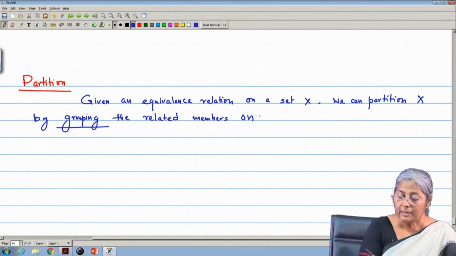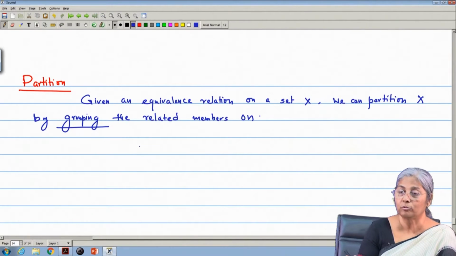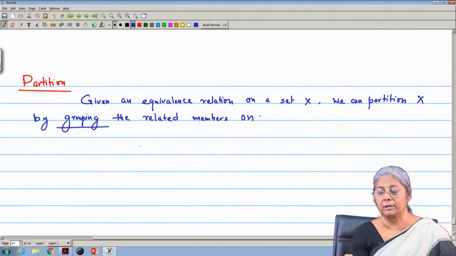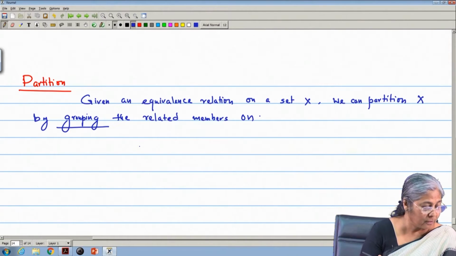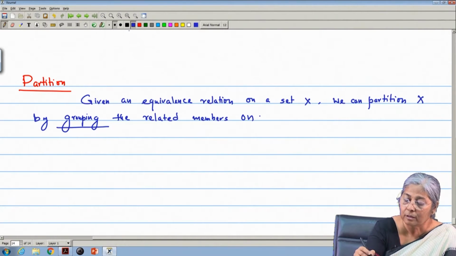Here, elements that are related may be thought of as if equivalent.